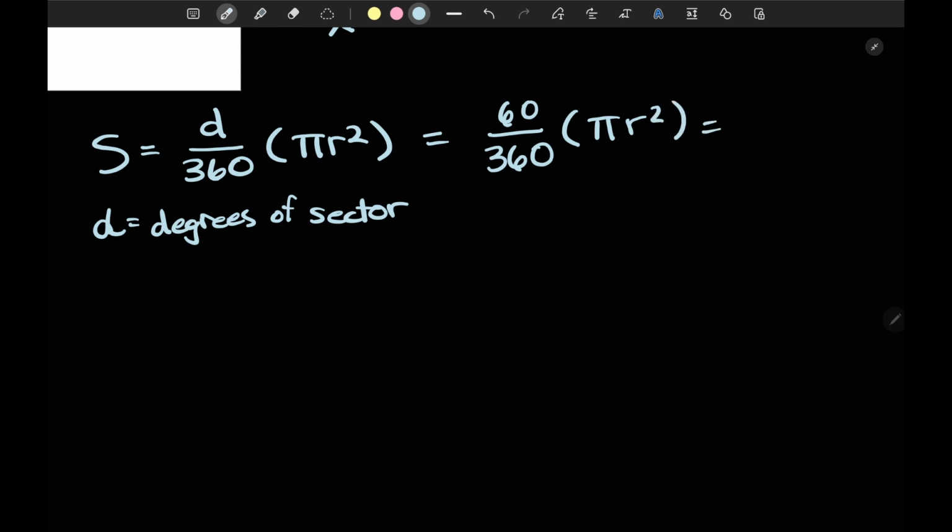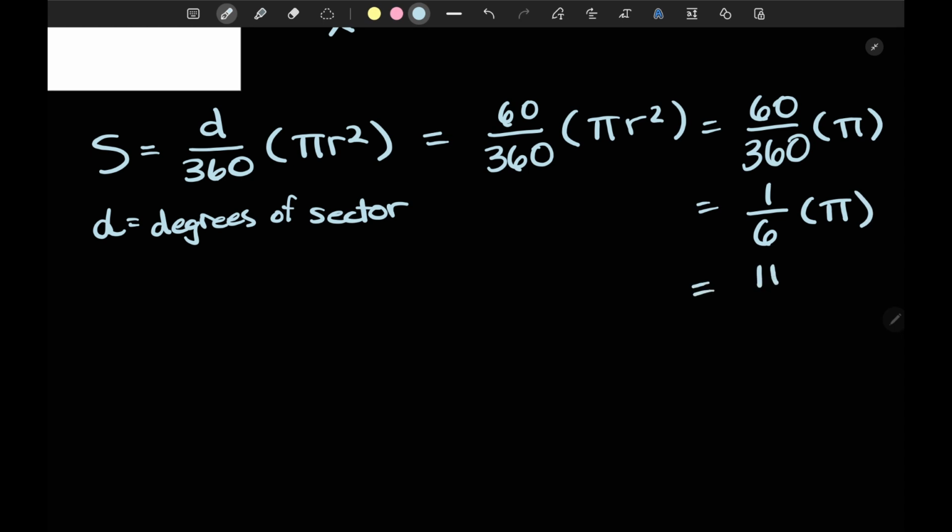We know the radius is just 1, so this is going to be 60 over 360 times pi times 1 squared is just pi times 1, which is just pi. 60 divided by 360 can be simplified to 1/6. So we're finally going to get that the value of S is equal to pi over 6.